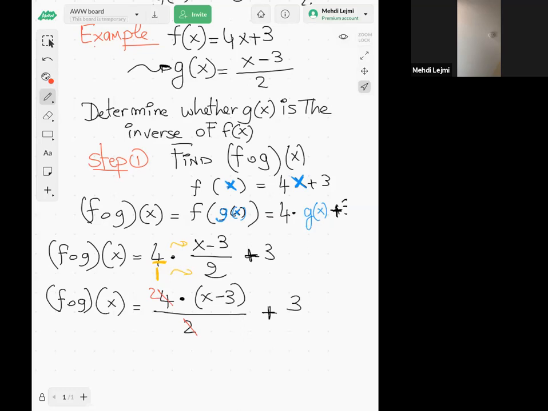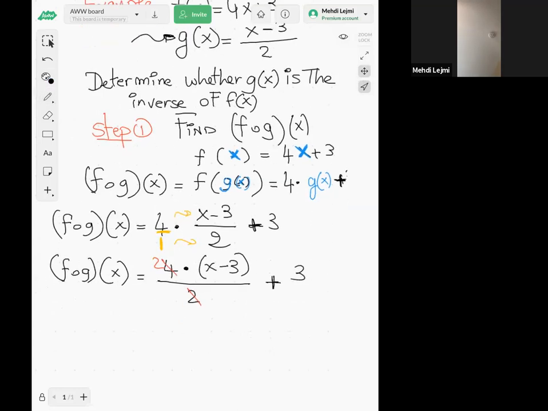So it's going to be 2 times, so this f composed with g of x is going to be 2 times x minus 3 plus 3. All right. Again, because 4 over 2 is 2, right?